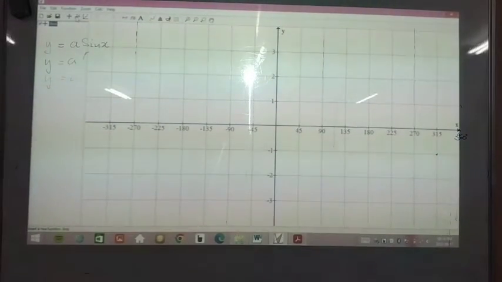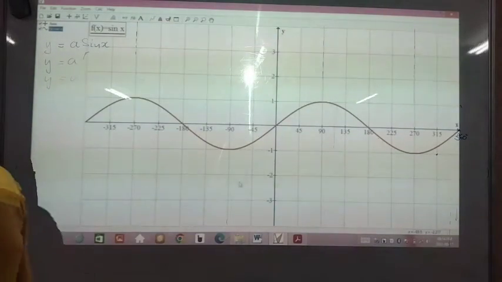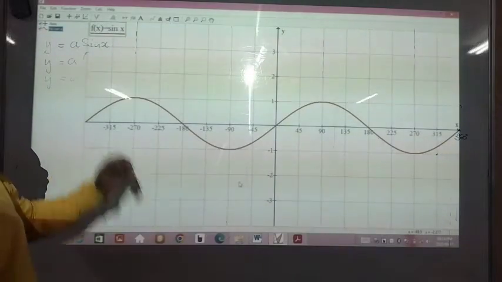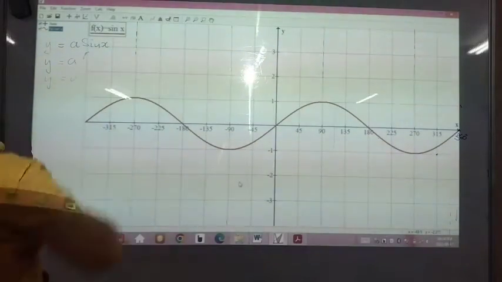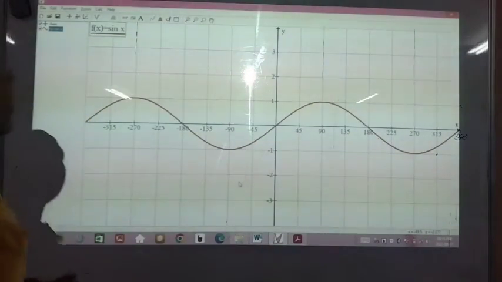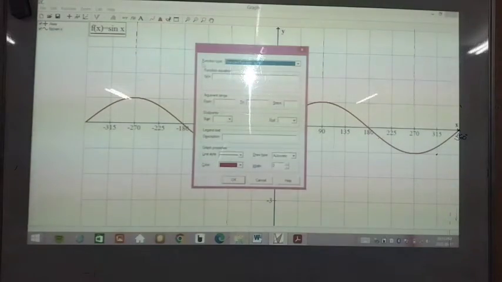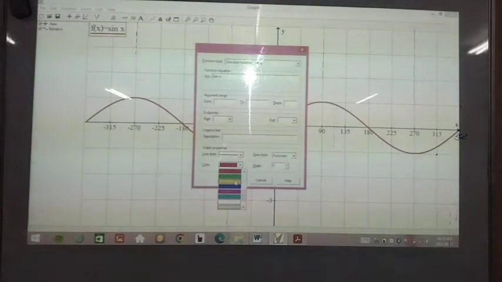If we look at the graph of sine x, just to bring that again, we know how the graph goes. So let's introduce A. I will put the graph of y is equal to 2 sine x, and I'll change the color.